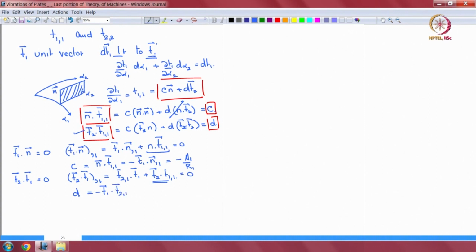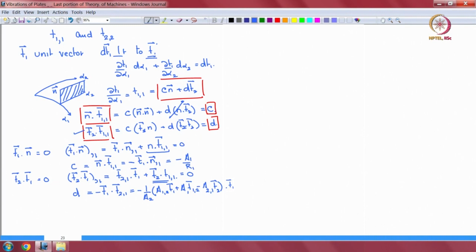This T2 comma 1 is the new T2 comma 1, so this is equal to minus 1 by A2 of A1 comma 2 T1 plus A1 T1 comma 2 minus A2 comma 1 T2, dotted with T1.